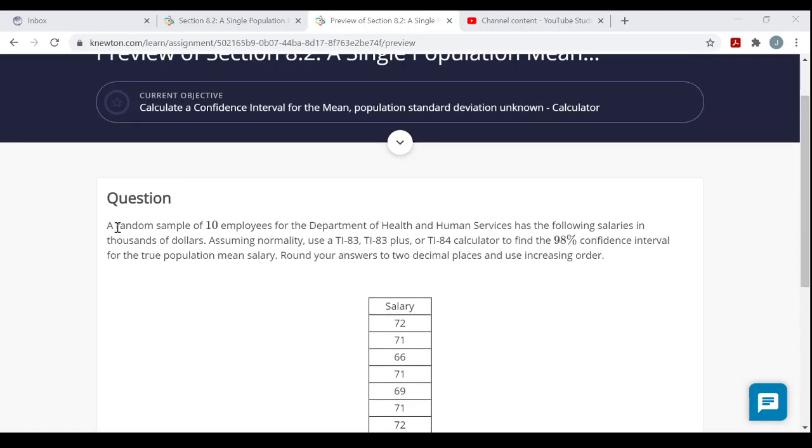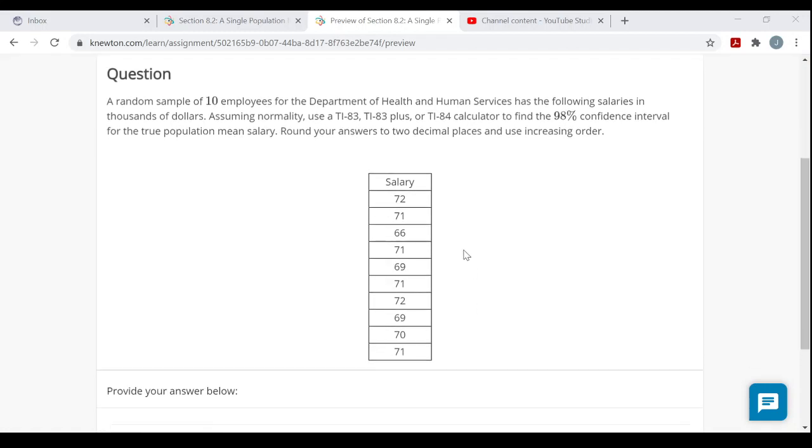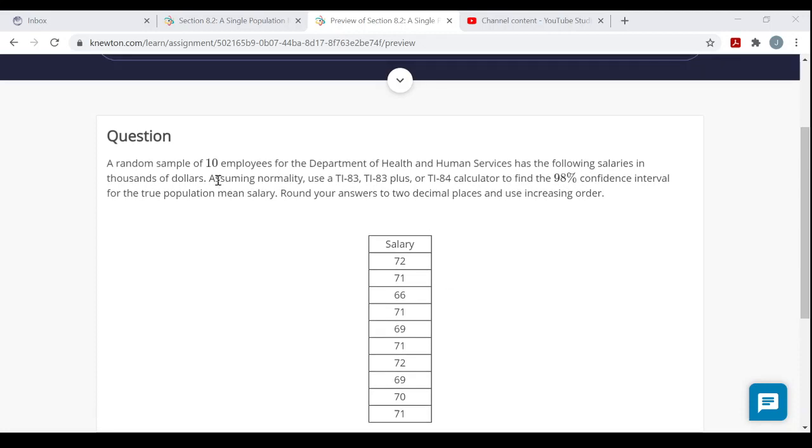So here, a random sample of 10 employees for the Department of Health and Human Services has the following salaries in thousands of dollars. So here's your sample: one employee $72,000, $71,000, $66,000. You've got your 10 employees' salaries here, a sample of size 10. Assuming normality, use the TI-83 or 84 to find a 98% confidence interval for the true population mean salary.